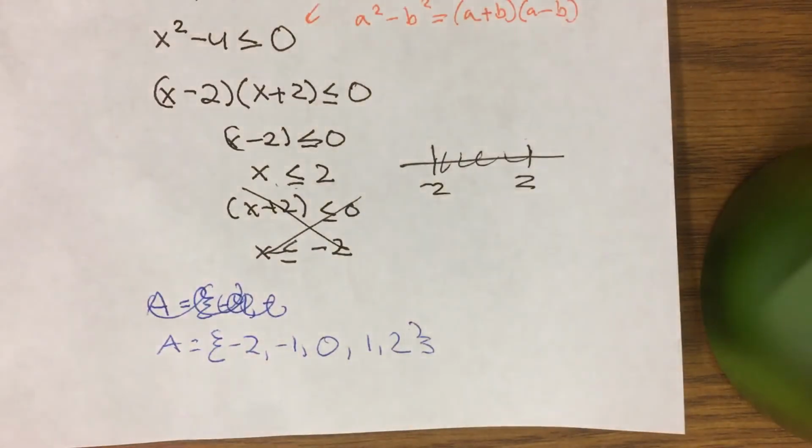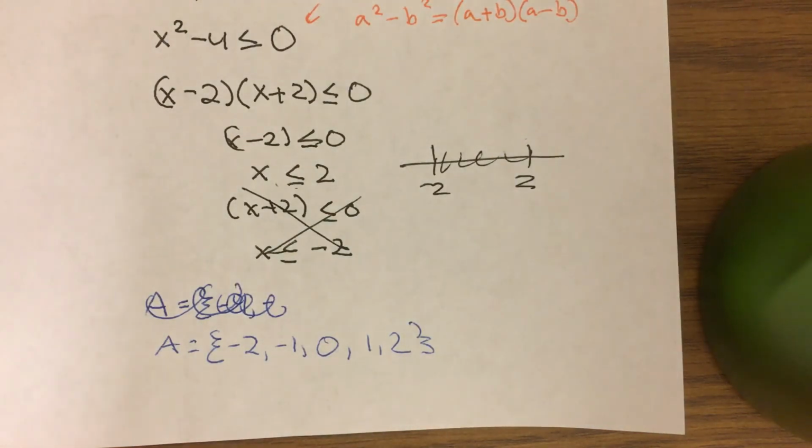Because it's x squared. If it was just x less than or equal to 4, it would be 4. And in this case, this is what our set looks like.